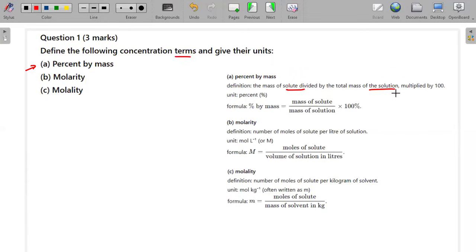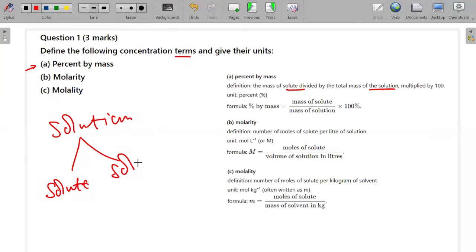It's just the percent, so you're multiplying by 100. Now remember that when making a solution, you need to have 2 things: the solute and the solvent.